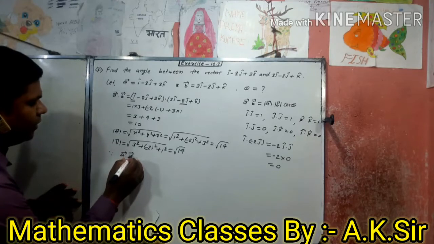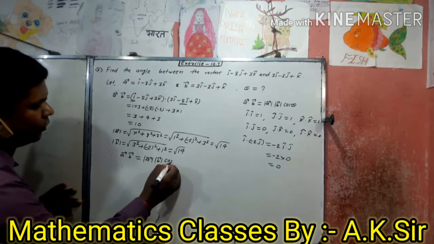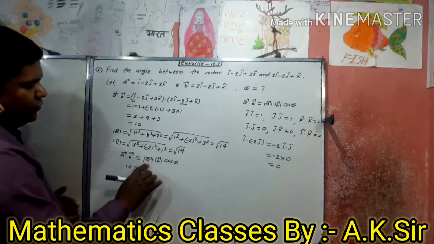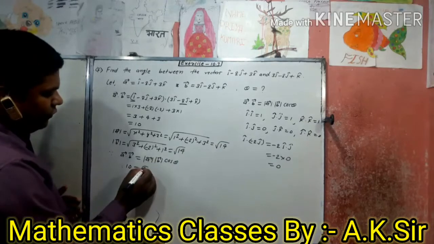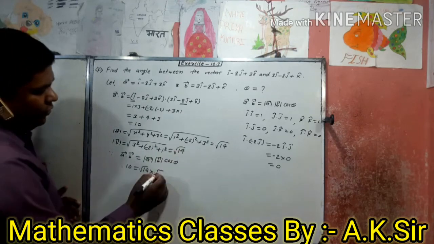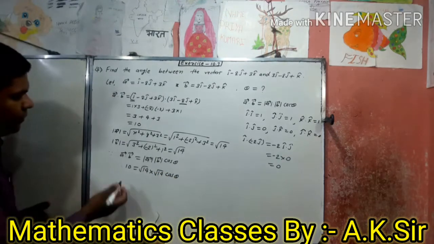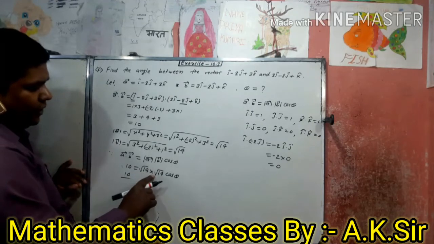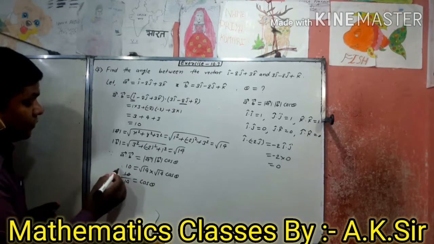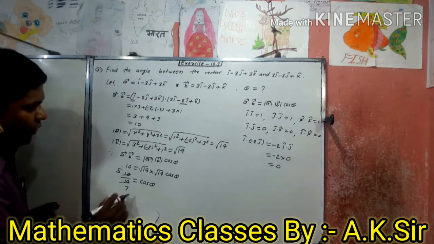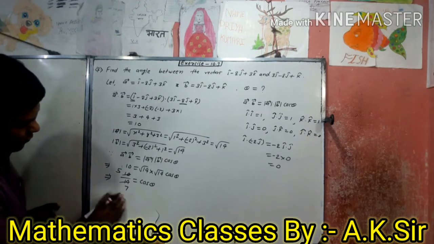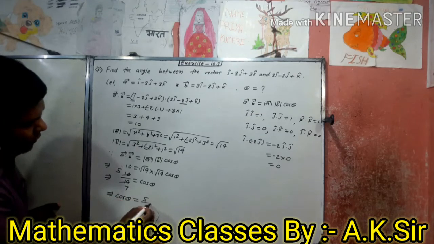Since A dot B is equal to the magnitude of A times the magnitude of B times cos theta, the value of A dot B is 10, the magnitude of A is under root 14, and the magnitude of B is under root 14, times cos theta. 10 upon under root 14 times under root 14 means 14 is equal to cos theta. 2 fives are 10, 2 sevens are 14, implies that cos theta is equal to 5 by 7.